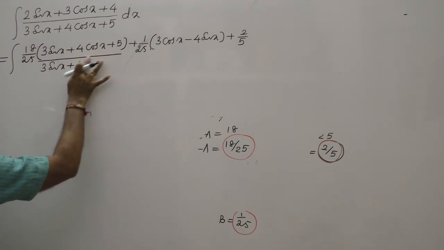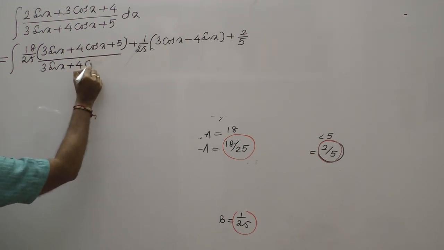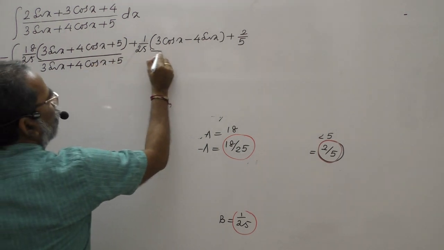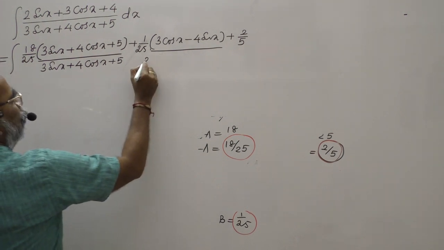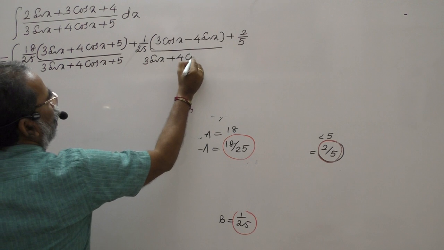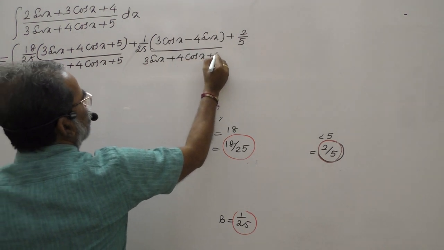4 cos x. It divides this also: 3 sin x plus 4 cos x plus 5.